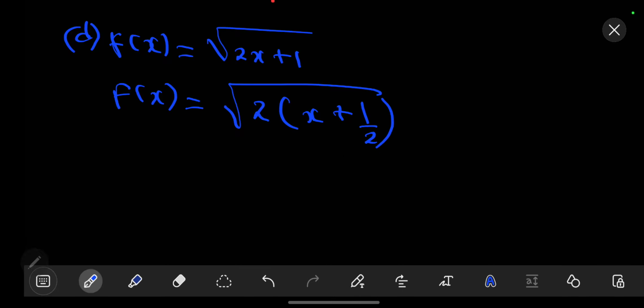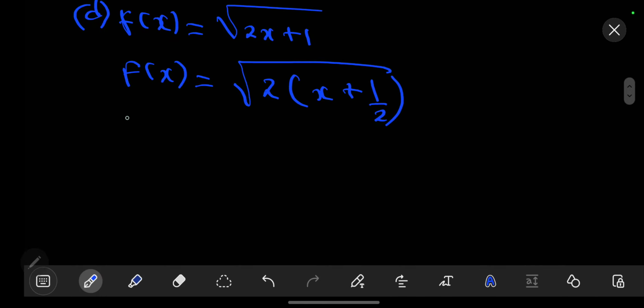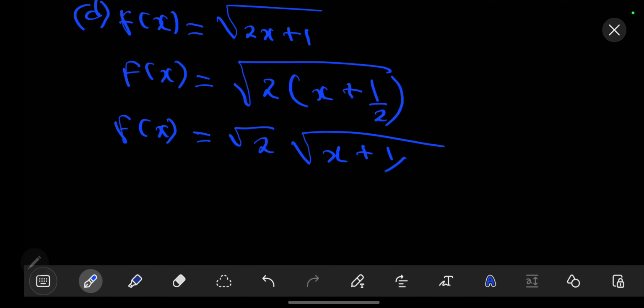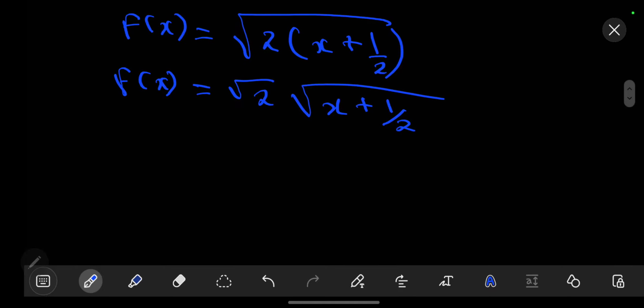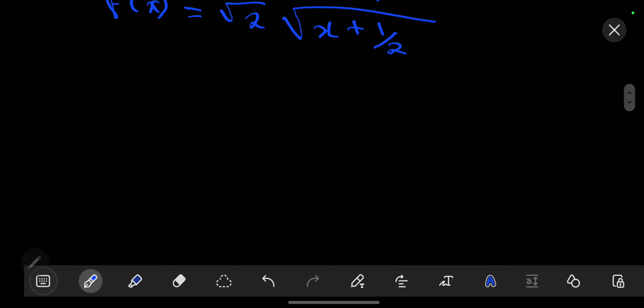Now from the properties of radicals, we know that f of x should be equal to the square root of 2 times the square root of x plus 1 over 2. So now we can graph by our method of translation.